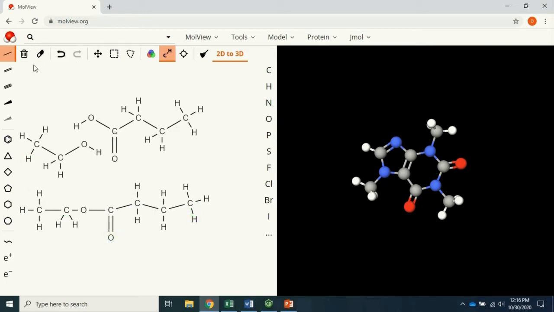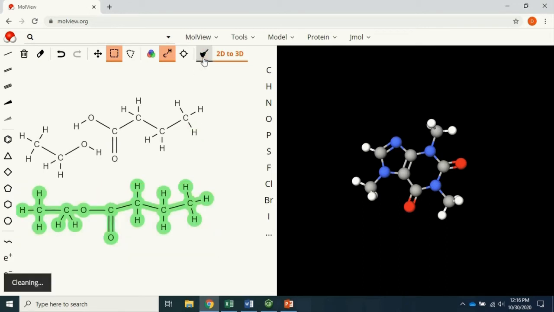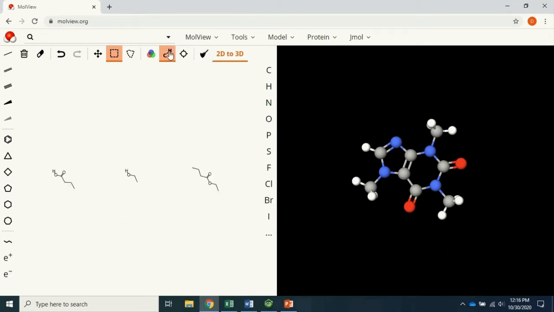So I'm going to first select it, and I'm going to clean it up. There we go. CH3, CH2, CH2, C double bond O with an O, and then that is your alcohol.